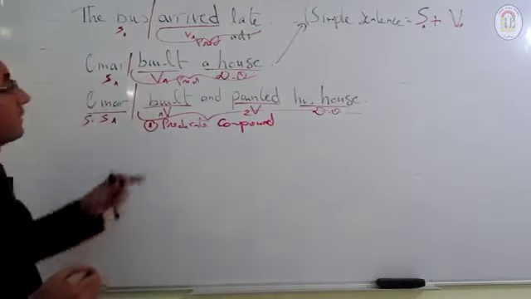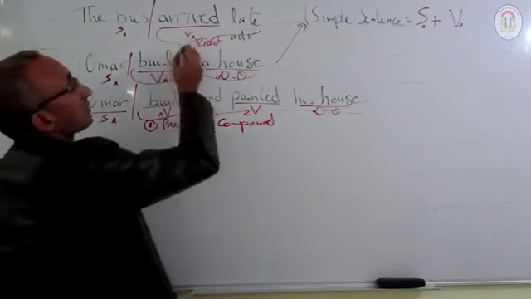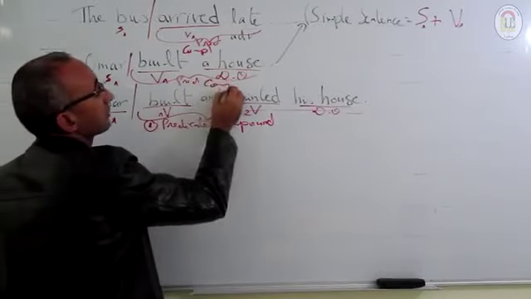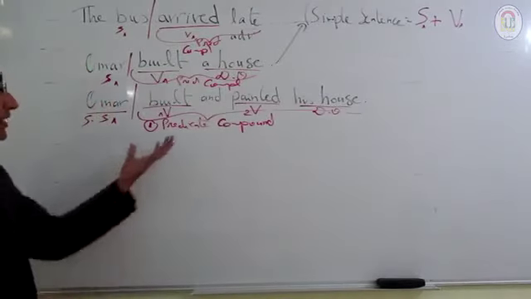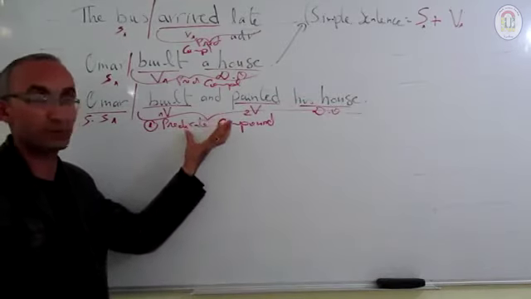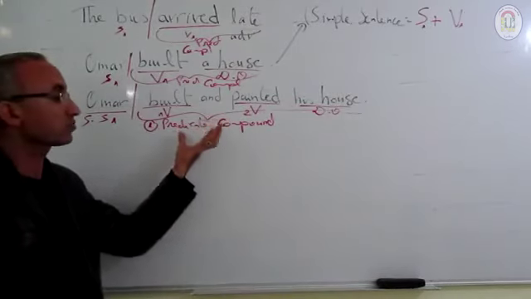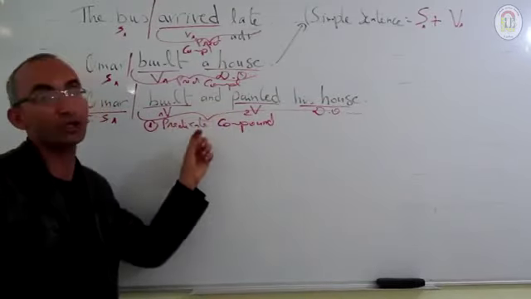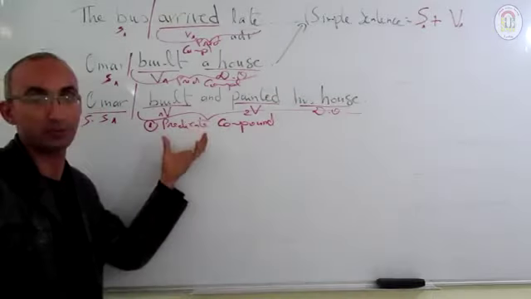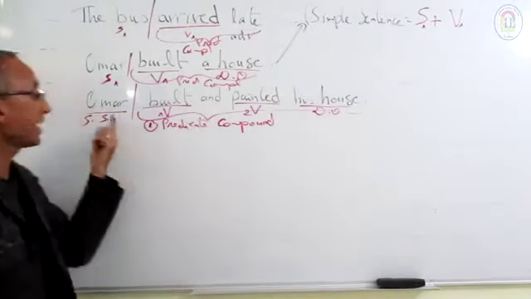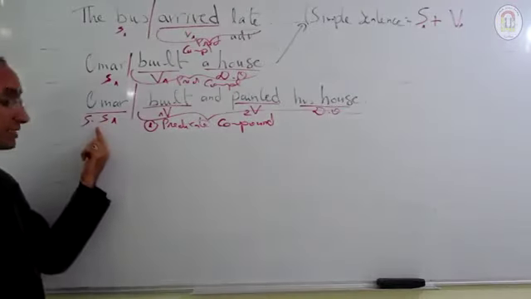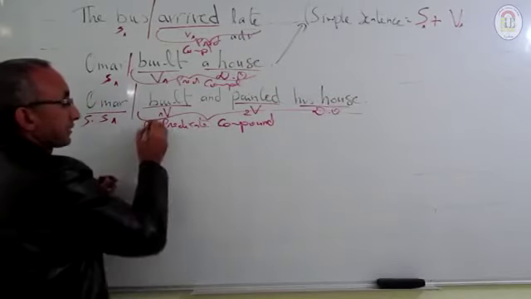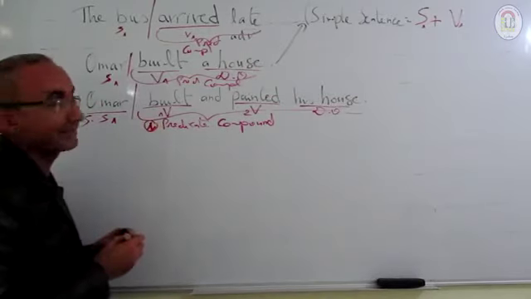Compound predicate. Here it is complete, and here also it is complete. Now in this case, when I have two verbs joined by and in the same predicate, is it simple or not? Now here it is simple. Why? Because we have always one subject and we have one predicate. One predicate.